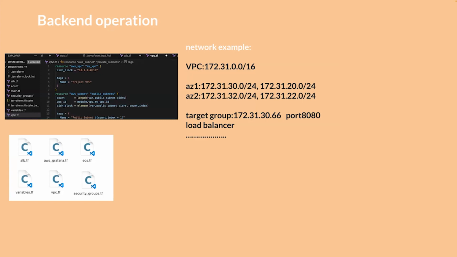For example, we build a network environment to connect the ECS service and the target group in the same VPC. Terraform allows us to define infrastructure as code, which means we can describe cloud resources and configurations in code. This leads to great consistency, repeatability, and version control for cloud infrastructure changes.